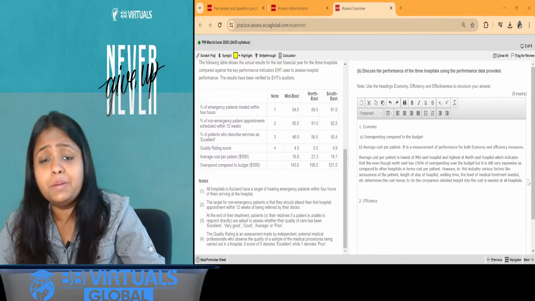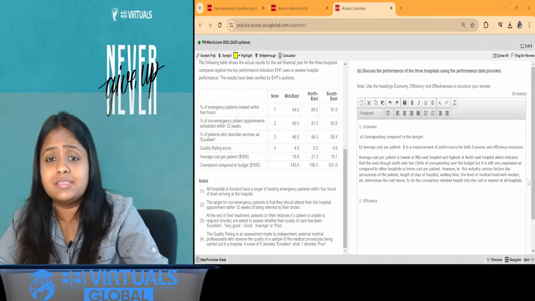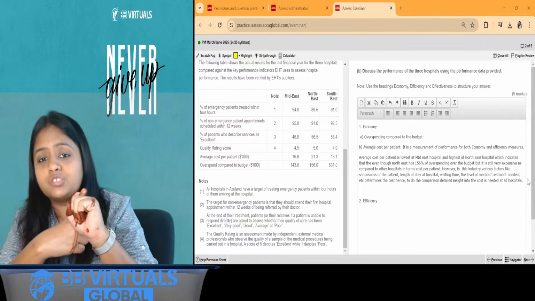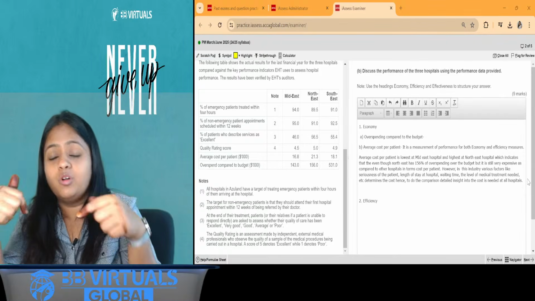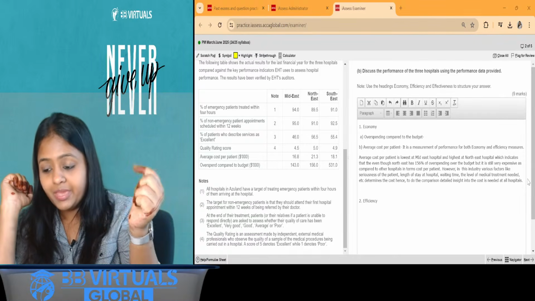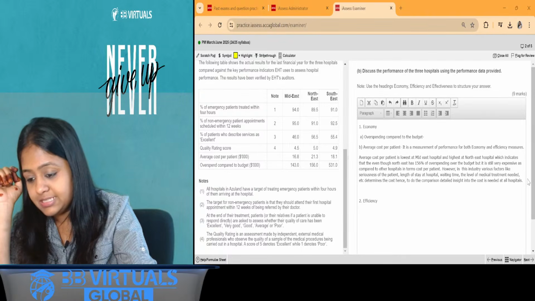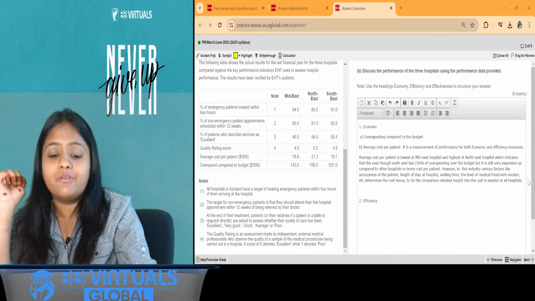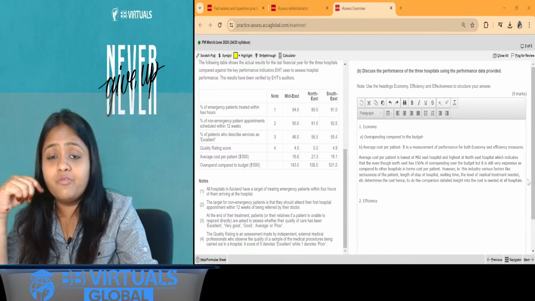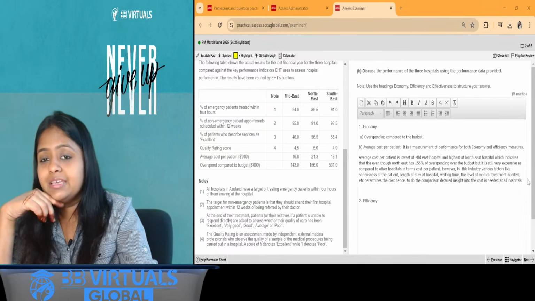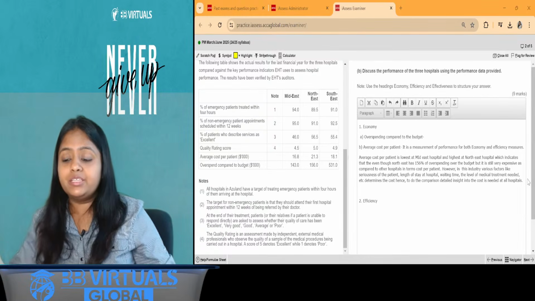Now, give me the pointers. What all pointers I should consider when we are discussing the efficiency area? One, average cost of the patient. I will explain that also from efficiency point of view. And other, Vedika has given me the percentage of emergency patients which are treated within 4 hours of being admitted. Others, can I have more pointers? Look at the question and tell me.